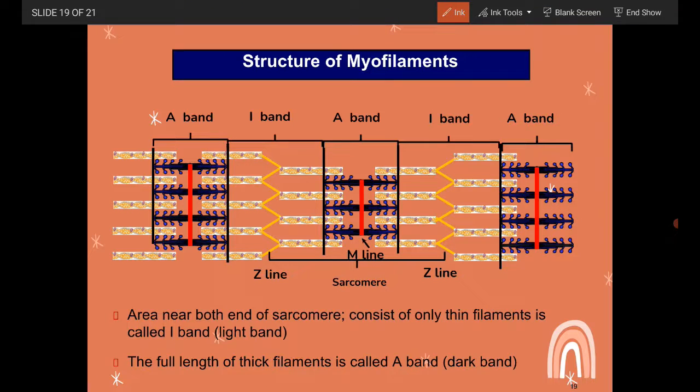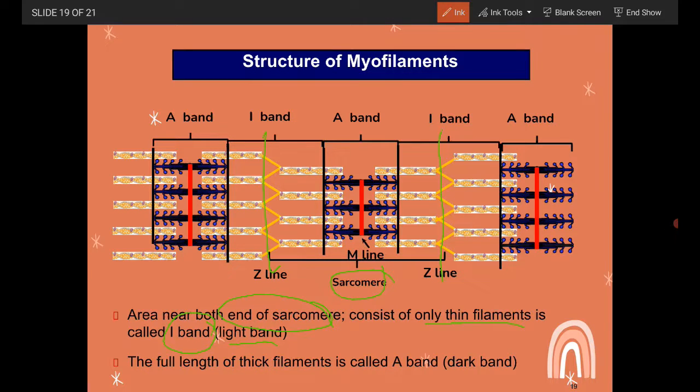Area at both ends of the sarcomere. So this is our sarcomere. This is Z line. So the area near both ends of the sarcomere consists of only thin filament, and it is called I band or light band.